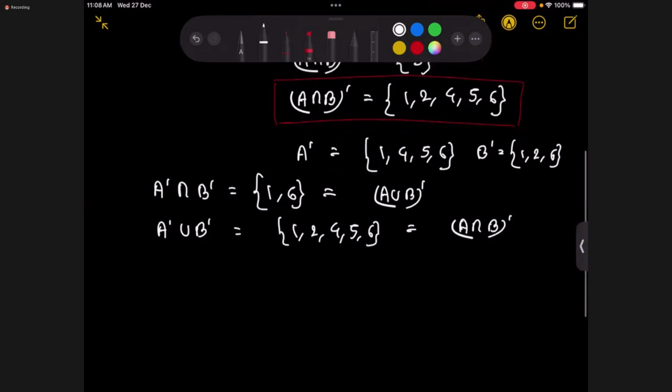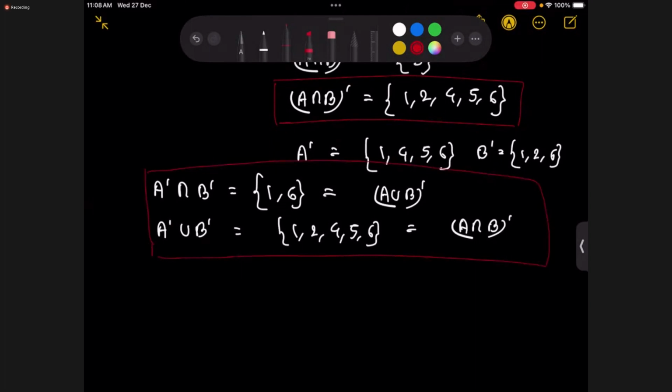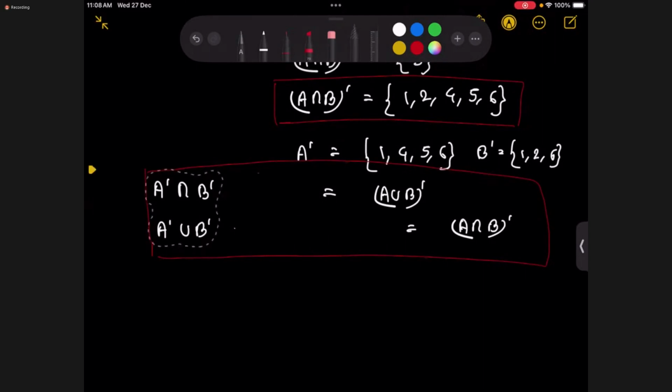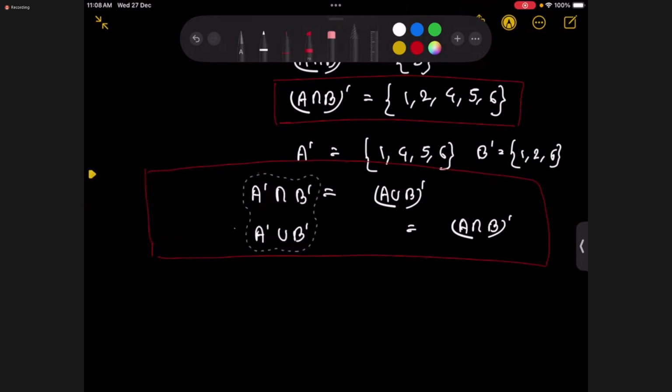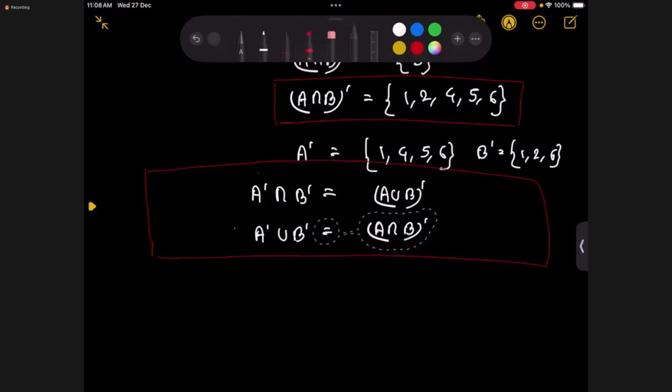Okay. So if I combine these two statements and just remove this example, then we are getting this fact. So this is called De Morgan's law.